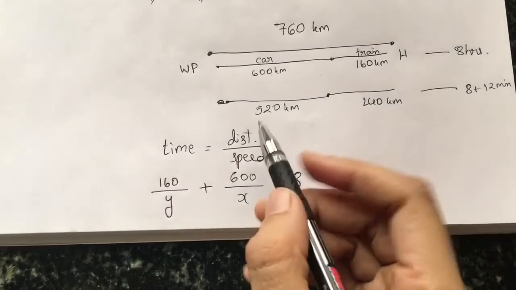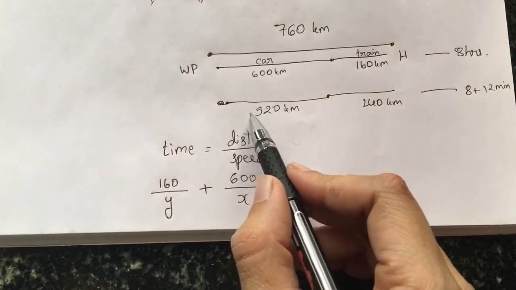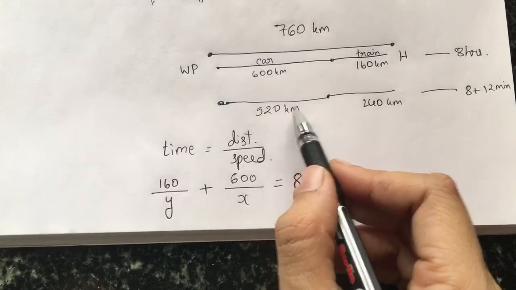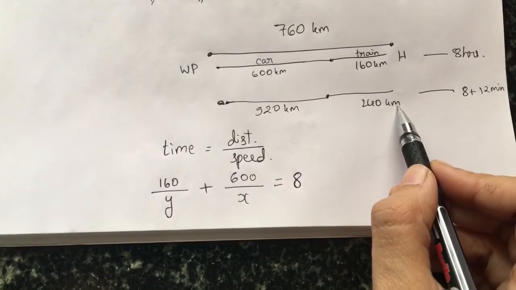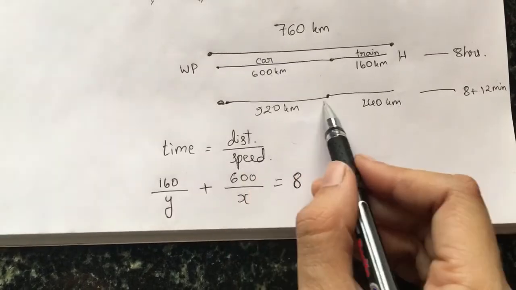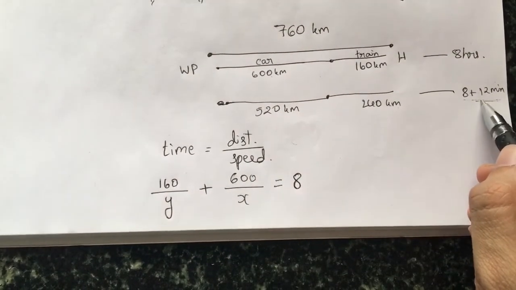And the second statement, when he travels by train 240 kilometers and the rest by car, he is taking 12 minutes more, right?